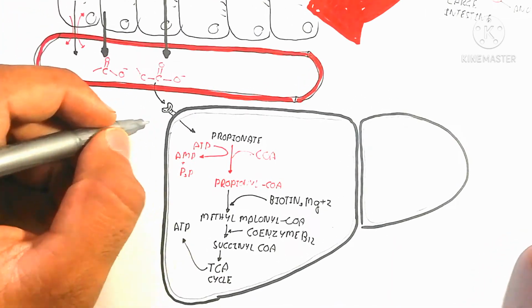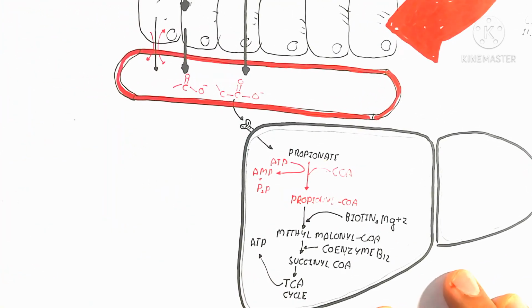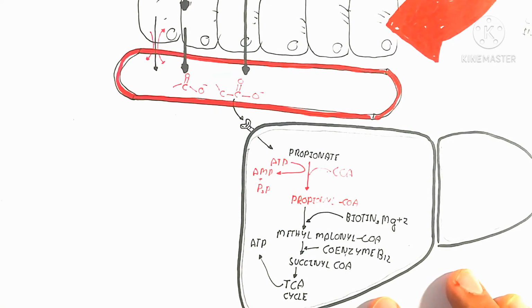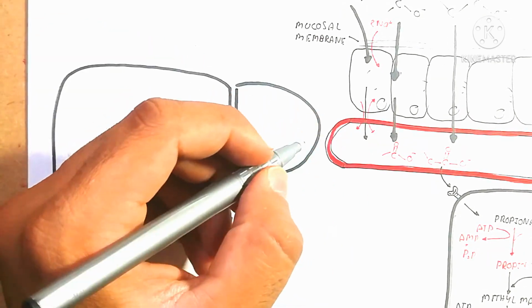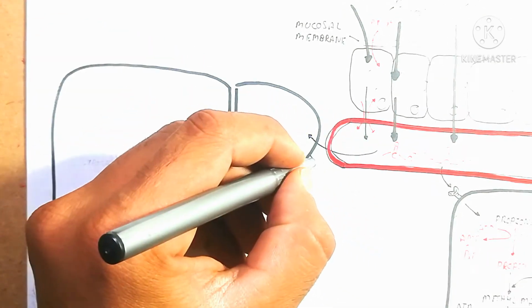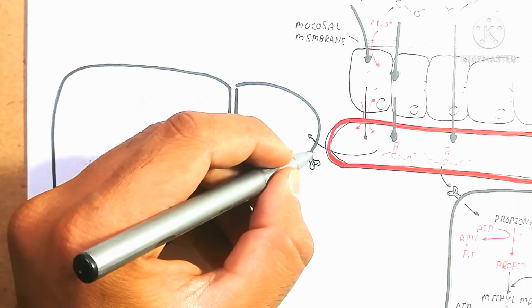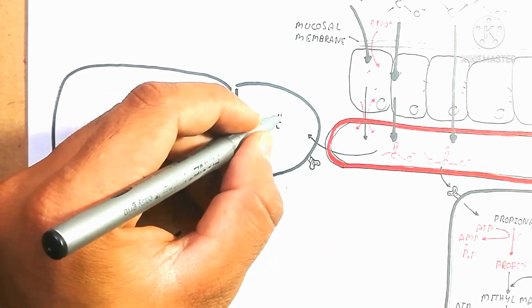This succinyl CoA goes into the tricarboxylic acid cycle, the Krebs cycle, to produce ATP as well as carbon dioxide. So that is the mechanism, and it is used easily as compared to long chain fatty acids.